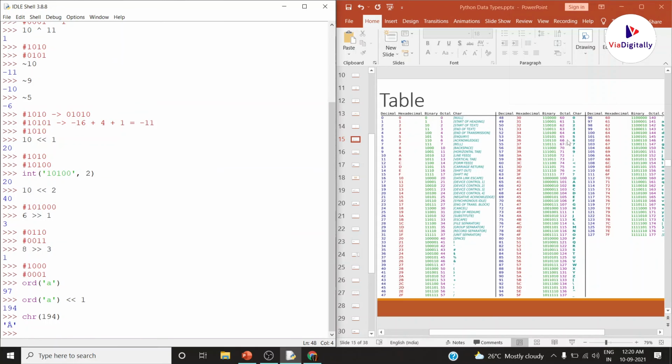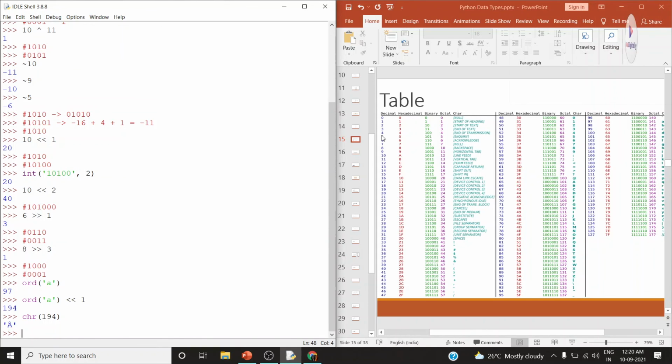If I subtract 128 from 194, I get the difference as the value corresponding to capital A. This is a cyclic process: if the numbers overflow after 127, then 128 becomes 0, 129 becomes 1, and the cycle repeats. This is how we use bitwise operations on different characters of ASCII values.